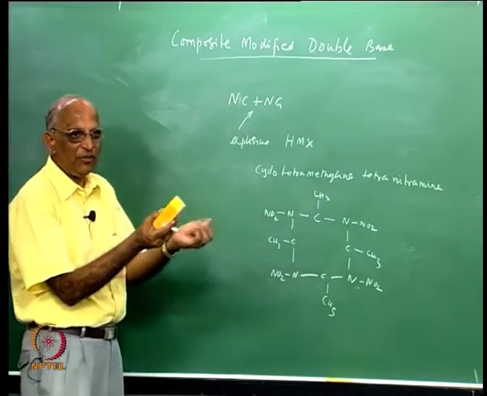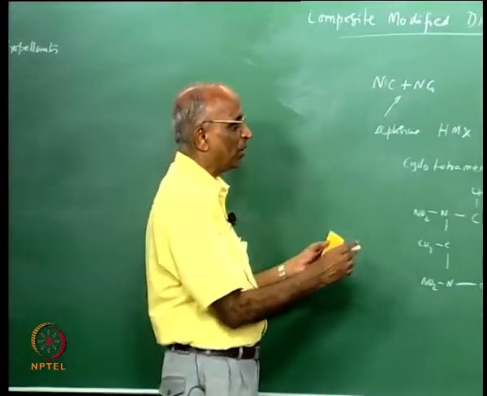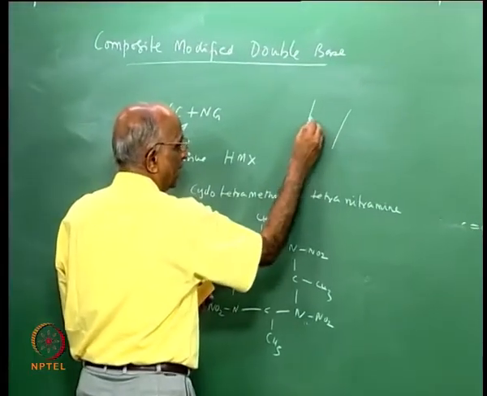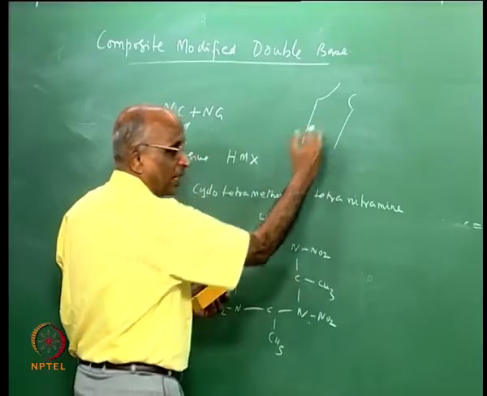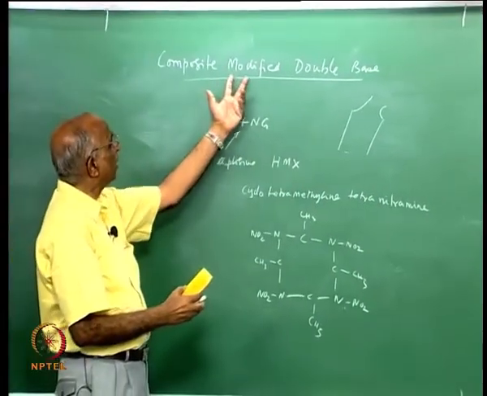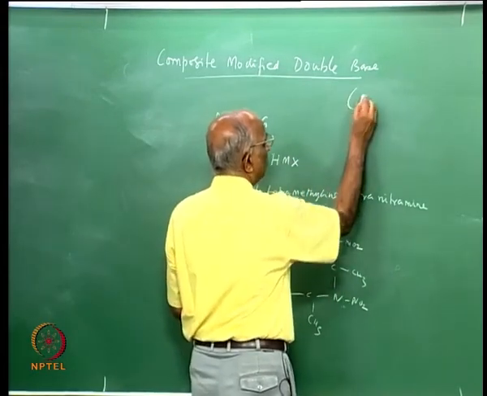It can withstand some amount of strength, because a propellant must also have some strength because it is bonded to the case and it must not get detached from the case, or it must not develop cracks and all that, and that is why we find composite modified double base propellant, we will call it as CMDB.